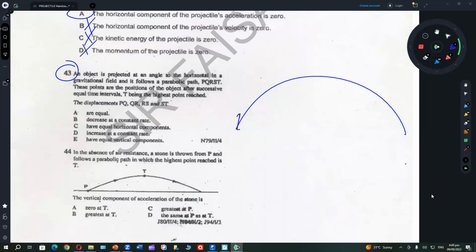The displacement PQ, QR, ST, as the projectile is going upward, the displacement becomes decreasing until at the highest point the displacement is at the zero position. So it's a parabolic path. P, Q, these points are the positions of the object after successive equal time intervals. T is the highest point reached.